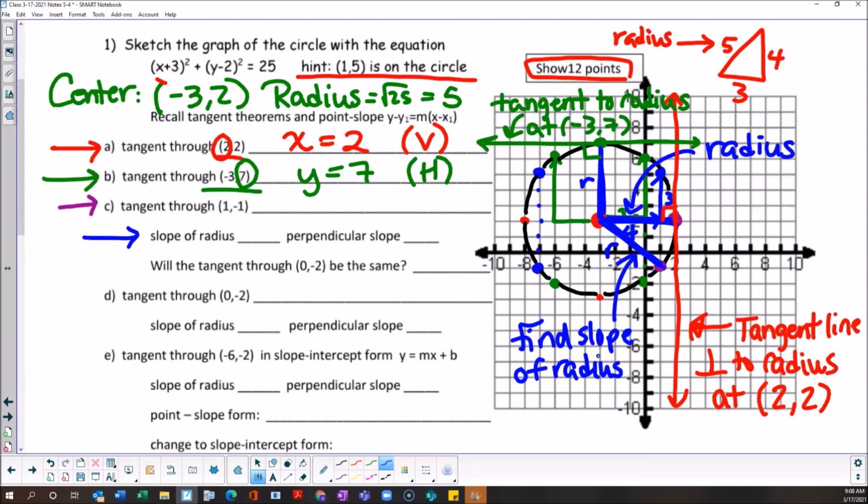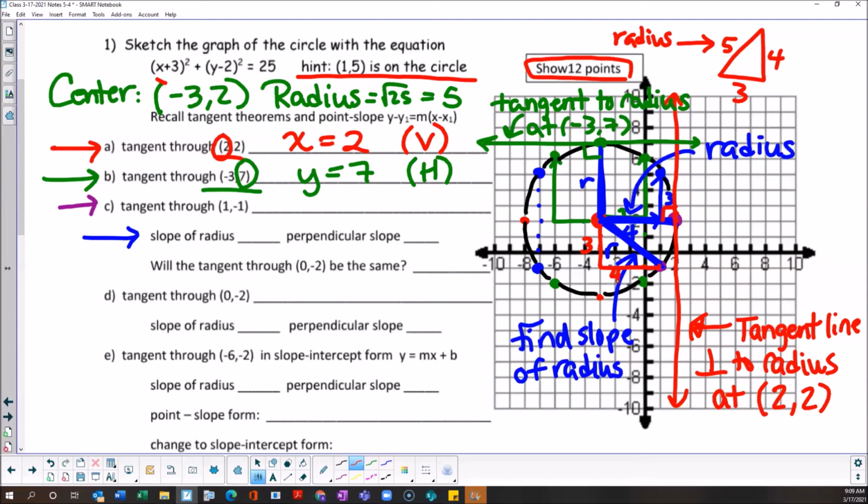How can I do that? Since I graphed it, what's the easiest way to do that? Can I do rise over run? So that's 3, and that's 4, and it's going that way.